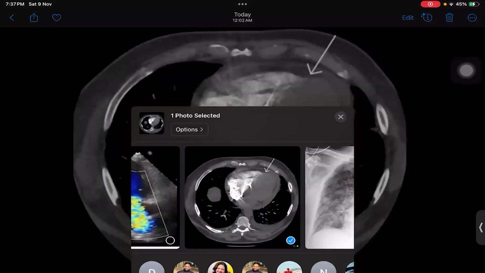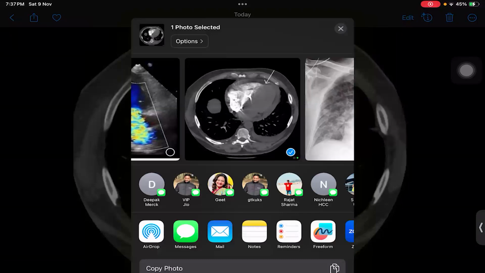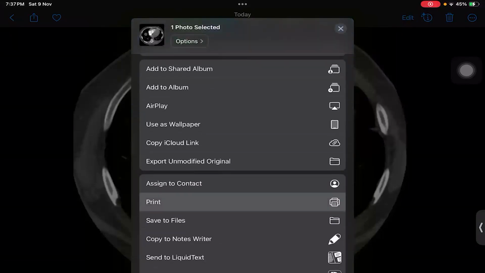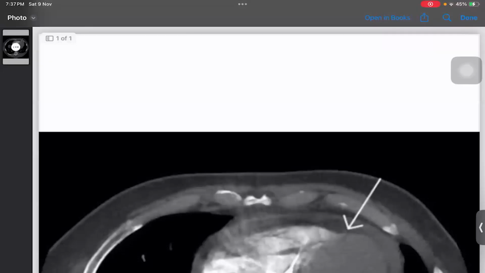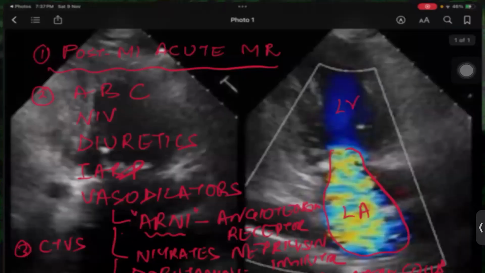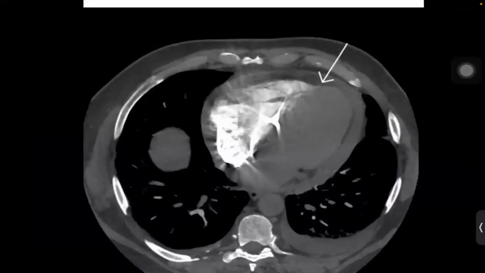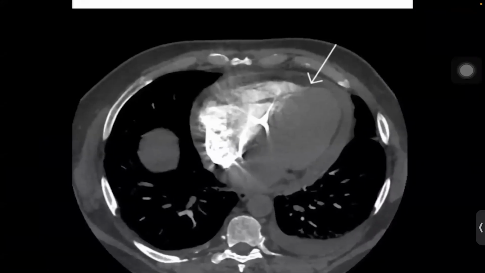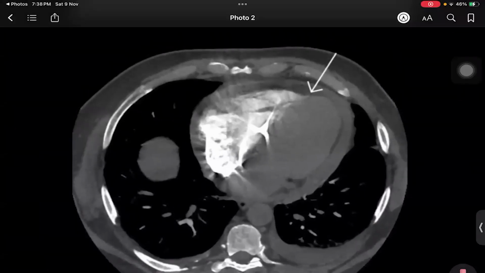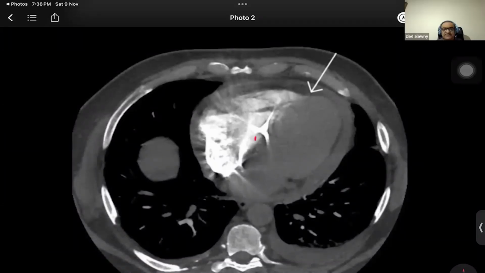So what is it? Any idea? What do you see? So this is the temporary pacemaker shining bright.